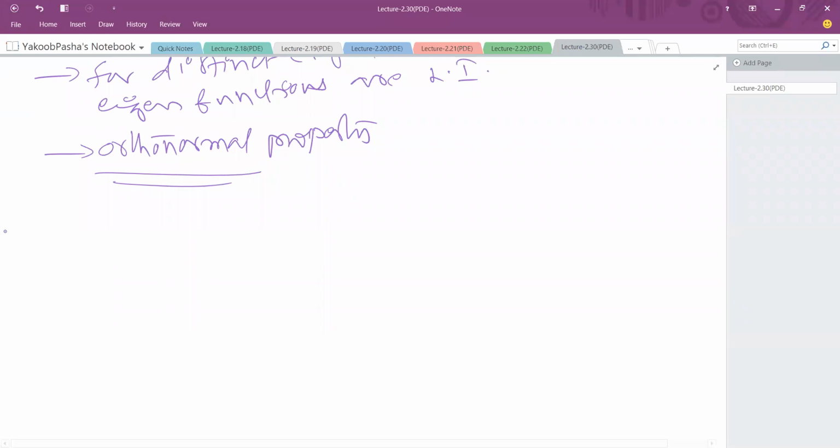Suppose lambda n and lambda m are distinct eigenvalues.